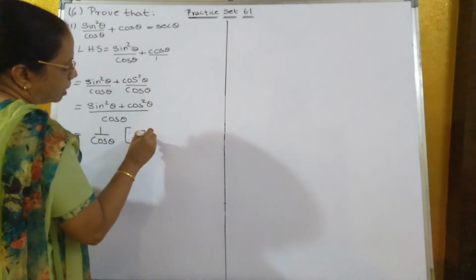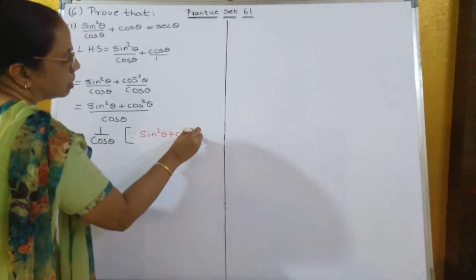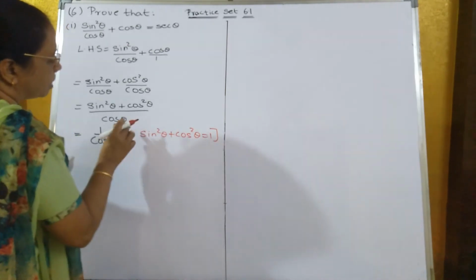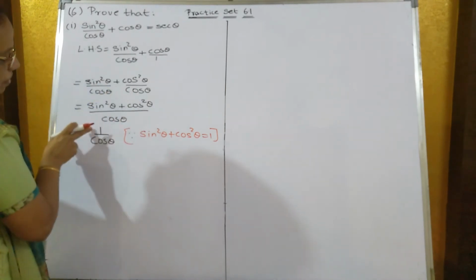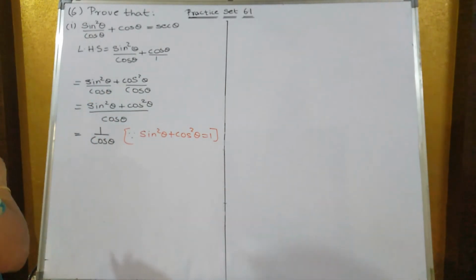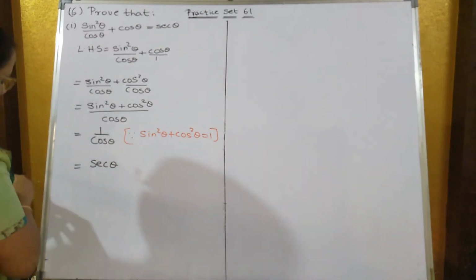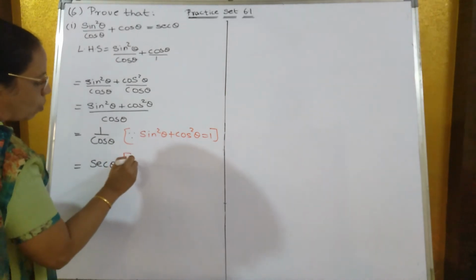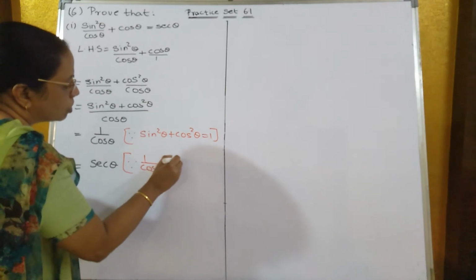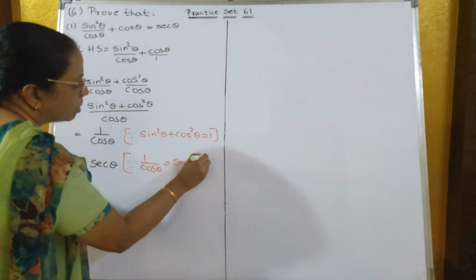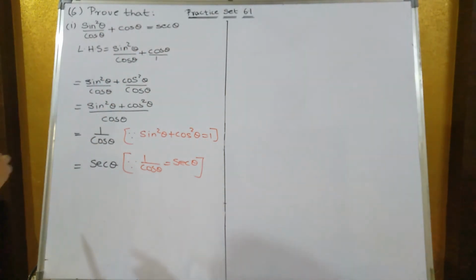Hence, instead of sin square theta plus cos square theta, I have taken 1 upon cos theta, that is equal to sec theta. Why? Because 1 upon cos theta is equal to sec theta. Always write down the reason. So which is equal to RHS. So LHS is equal to RHS.